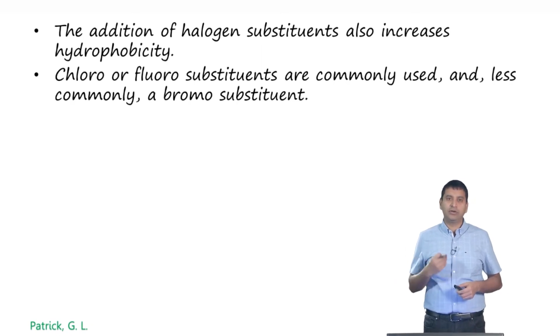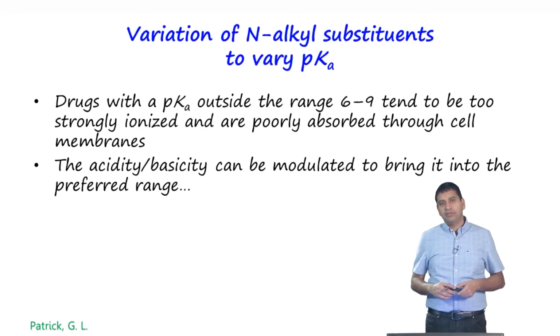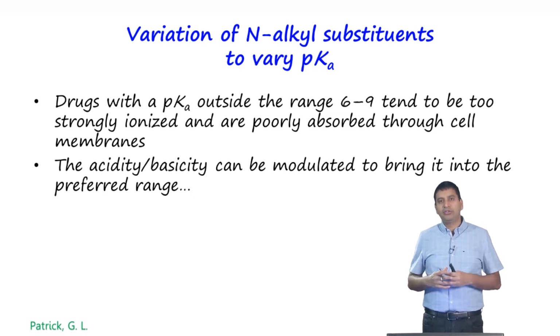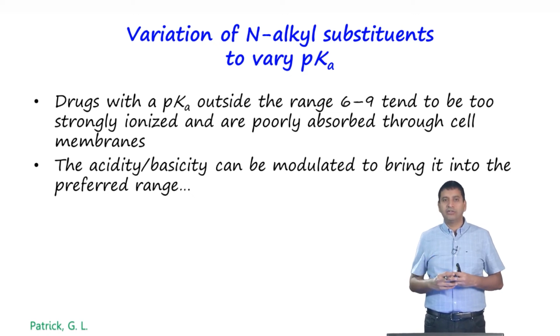In many cases chloro or fluoro substituents are commonly used, and far less common is a bromo substituent. Next, we can change the N-alkyl substituents to vary pKa. Drugs with a pKa outside the range of 6 to 9 are considered strongly ionized, and therefore they are poorly soluble or absorbed through the cell membrane.